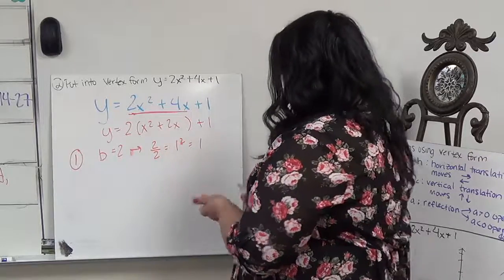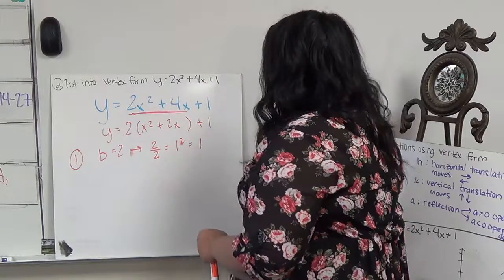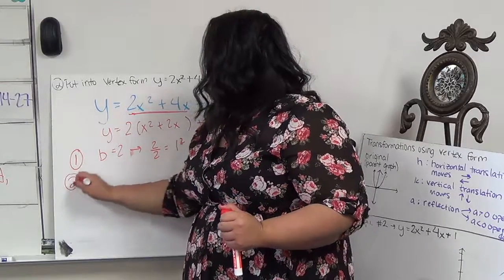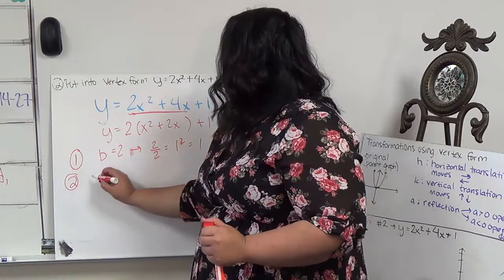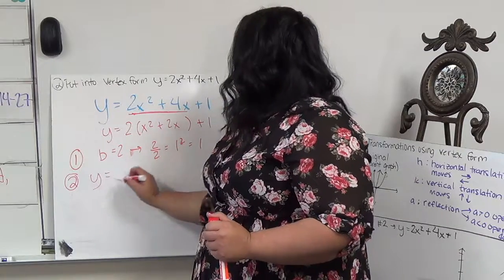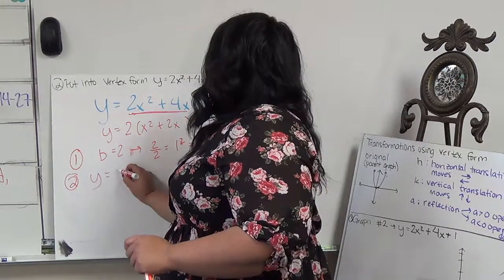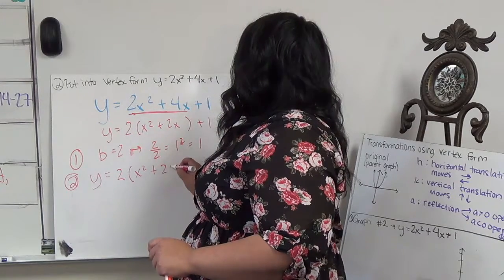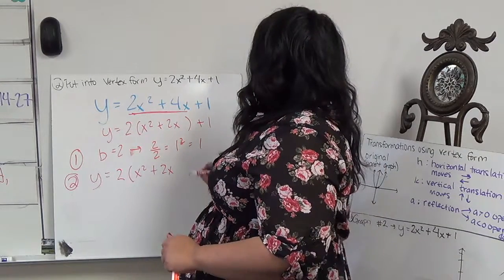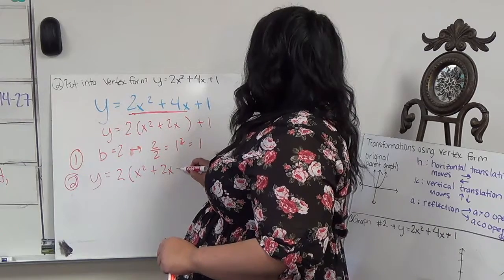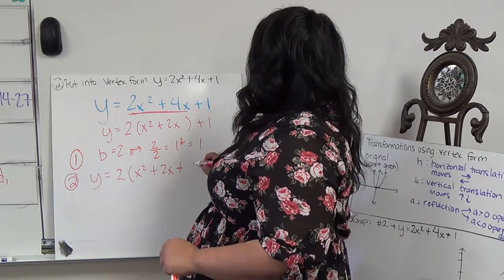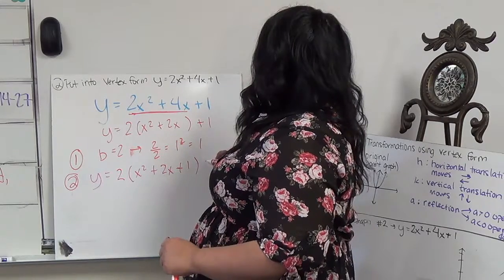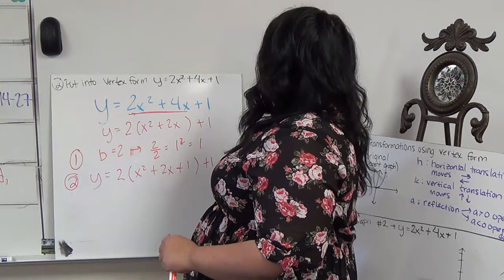So my next step is then asking me to take my result from step 1 and put it into my equation. So y equals 2x squared plus 2x plus 1, right? And this is plus 1, and then I do minus 1.